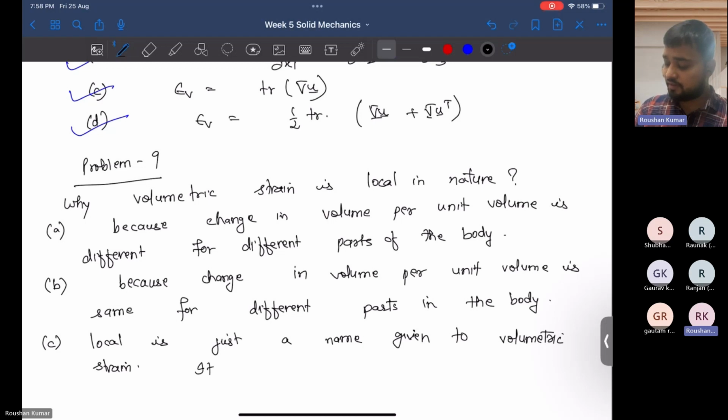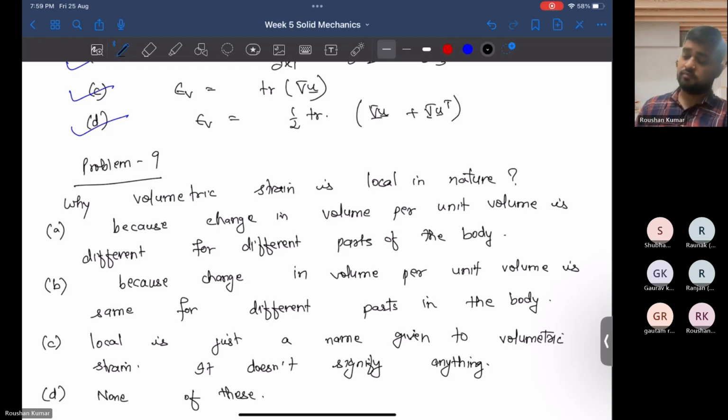It doesn't signify anything. And the fourth option is none of these. So the question is why volumetric strain is local in nature.